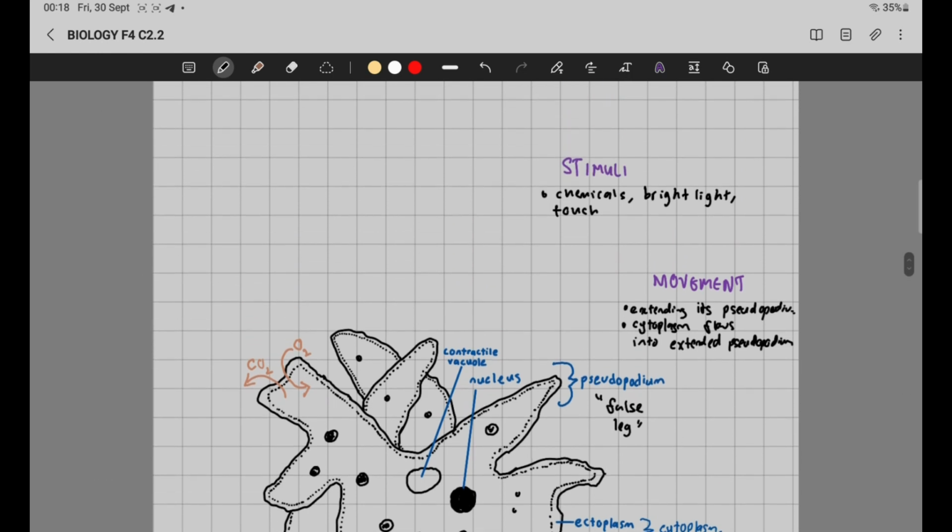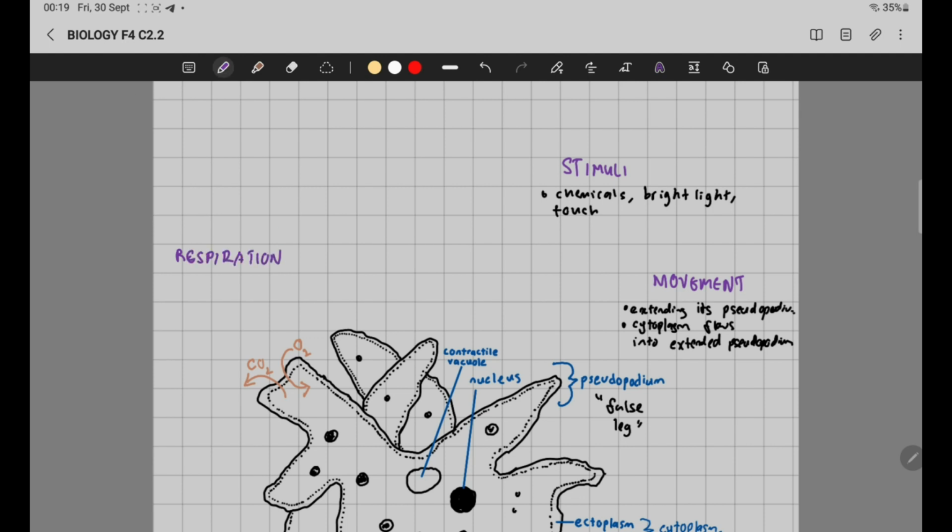Let's relate this to chapter 2.1 that you already learned. The plasma membrane allows the exchange of respiratory gases so that they can carry out their life processes, their metabolism. So here we can describe the respiration of the amoeba.